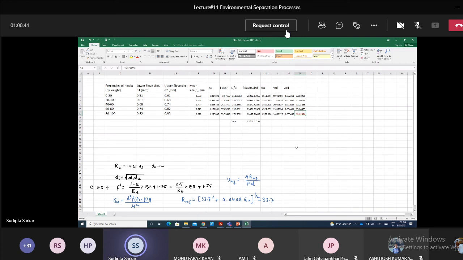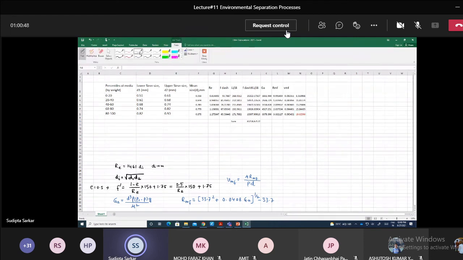So your design backwards velocity is 1.35 times this velocity here. So this is 19.69 meter per hour. So you can find this value.